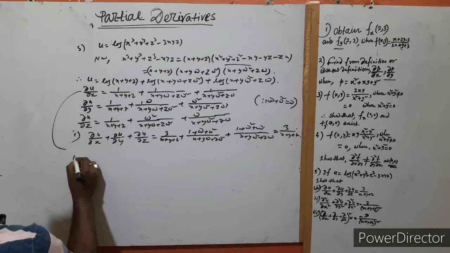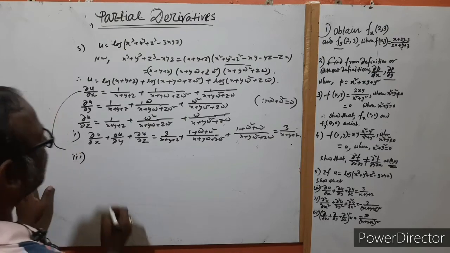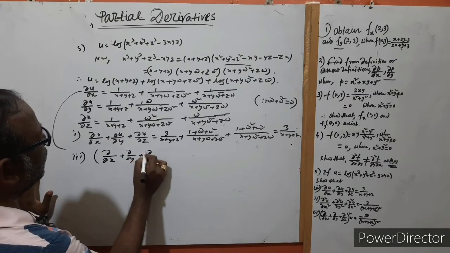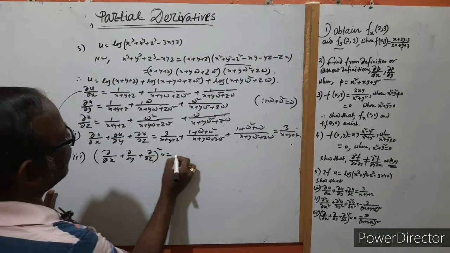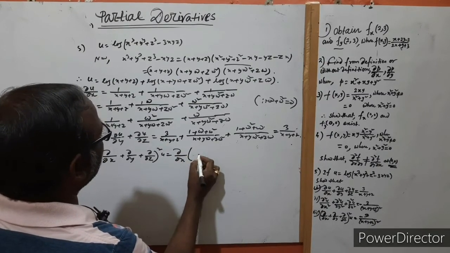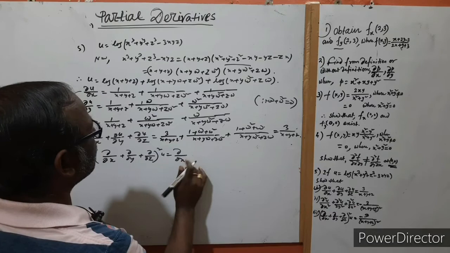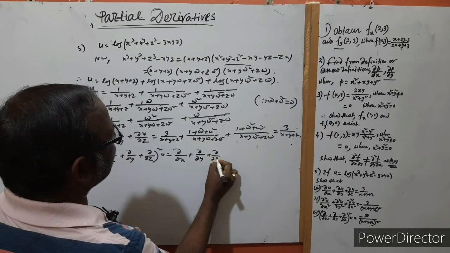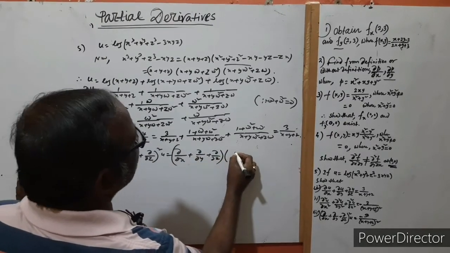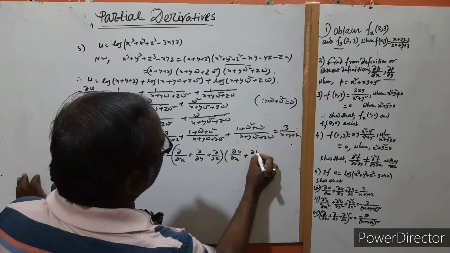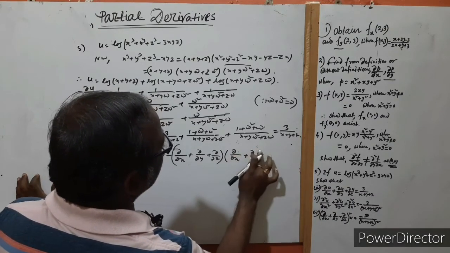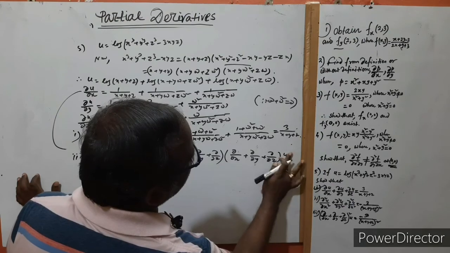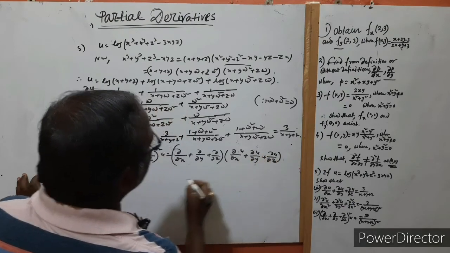Now for the third, we use only one. This is u, so you can write it like that.